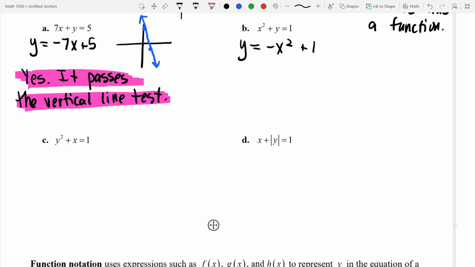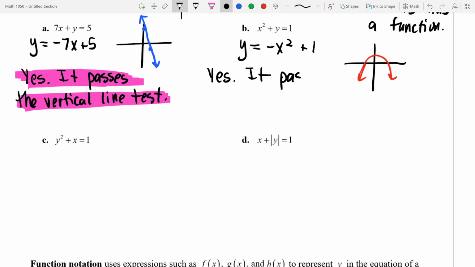Makes it go up and down, right? So let's just do a quick sketch, okay? So it looks like this, and your graph is going to look something about like that. So that was pretty easy. I was confident. I knew how to do it, so I chose to graph. Is that a function, everybody? Yes, it is. So we're just going to say yes, and the justification is the same. It passes the vertical line test.